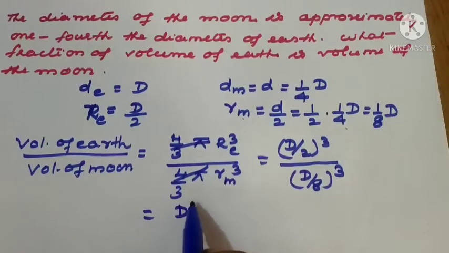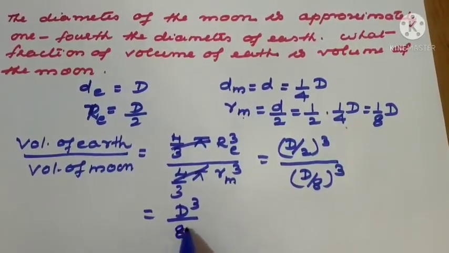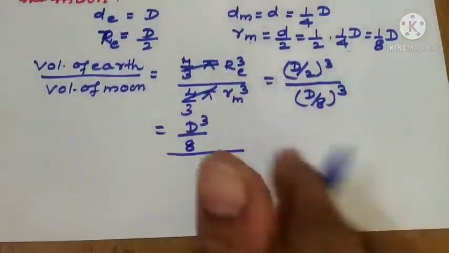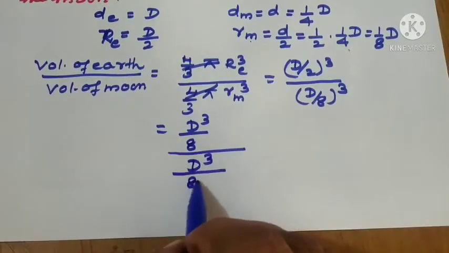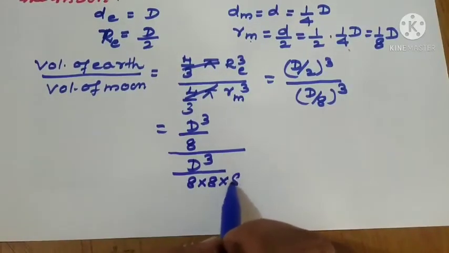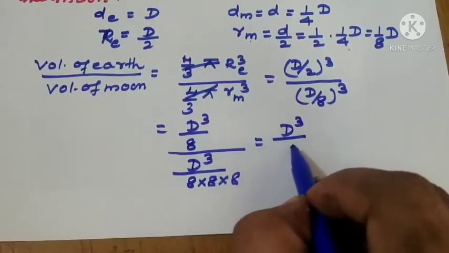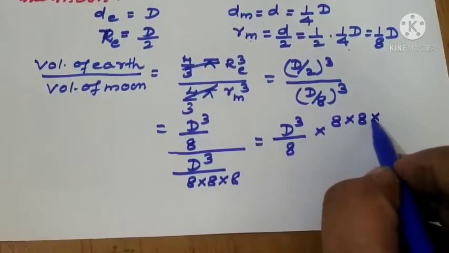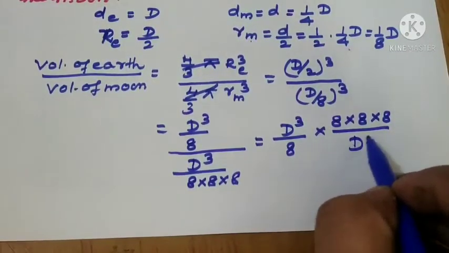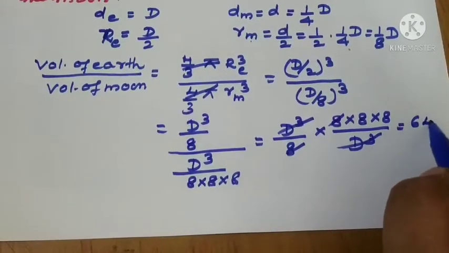So D cube by 8 divided by D cube by 8 into 8 into 8. For avoiding confusion, we can write D cube by 8 into 8 into 8, so 64 by 1.